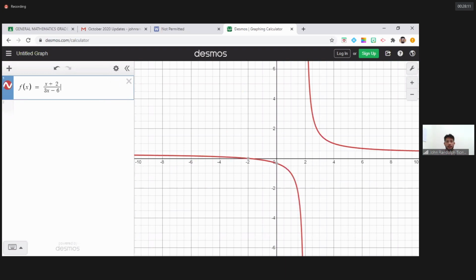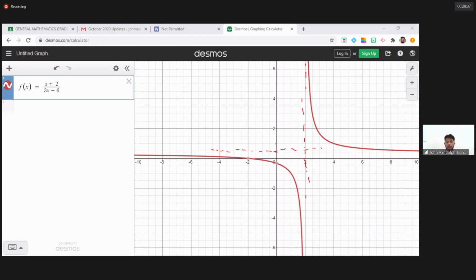So, kung titingnan natin, yung vertical asymptote kanina is nasa 2. Nandito sa 2 yung vertical asymptote natin, tama yan. And then, yung horizontal asymptote natin is nandito yung 1, and our value there is 0.33. So, tama lang yan na hindi nag-touch dito sa positive 0.33 na horizontal asymptote natin.